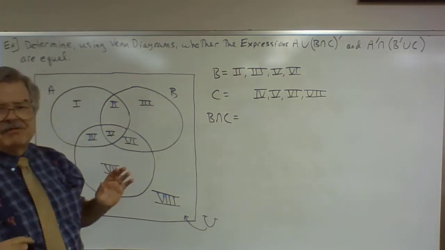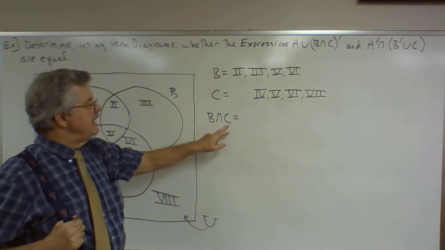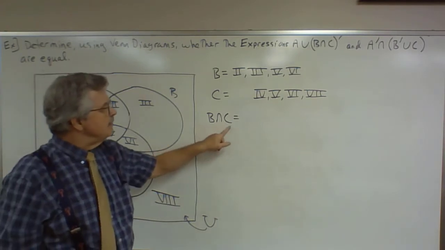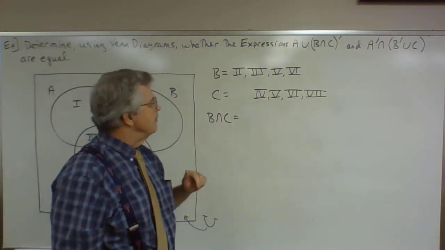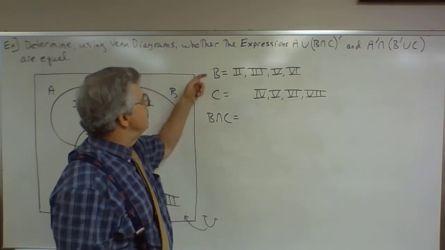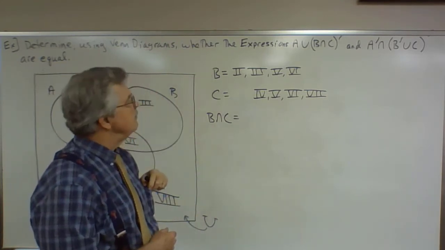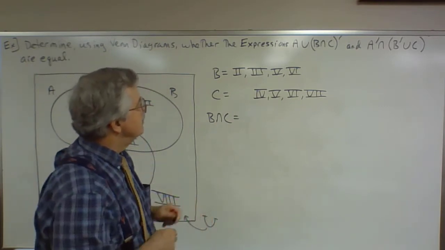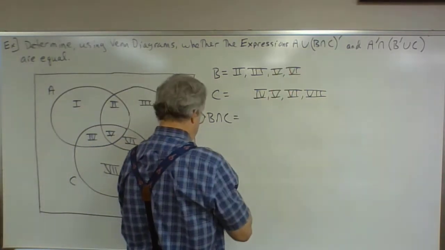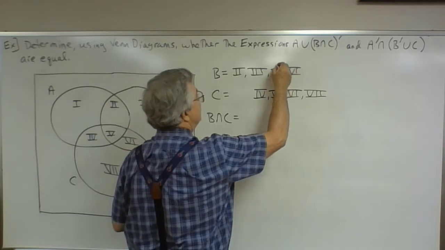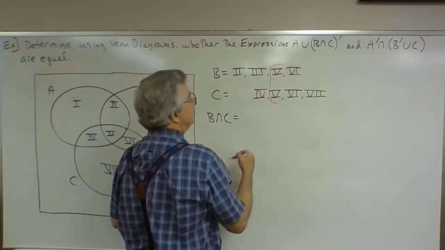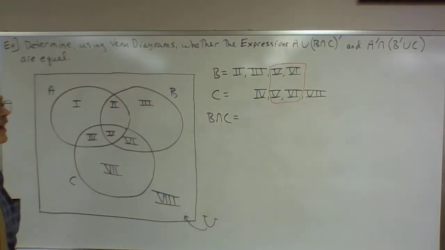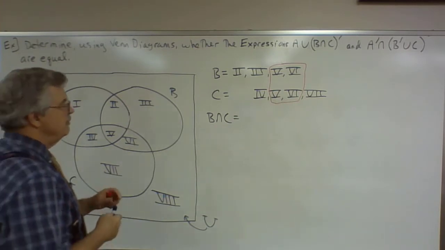It's the set of all elements that are both in set B and in set C. And if we do this in terms of regions, B intersect C is the set of regions that are contained both in set B and in set C. What do we have here? Let's see. Region 5, that's in both, and region 6. So regions 5 and 6 are in the intersection of B and C.